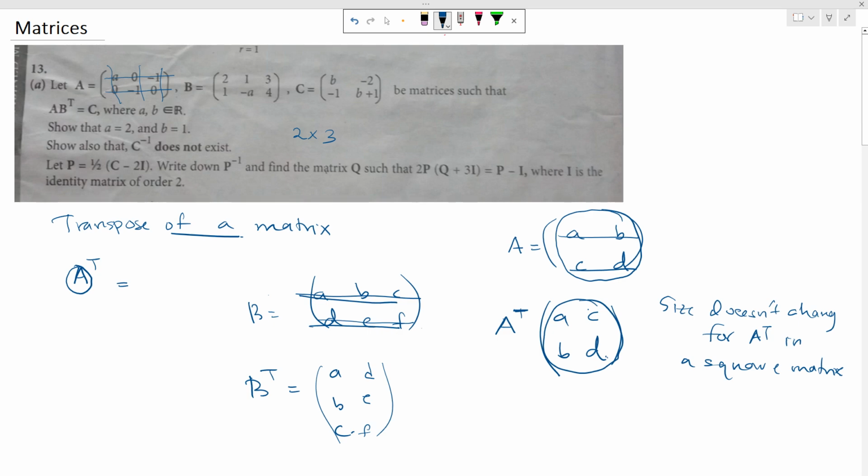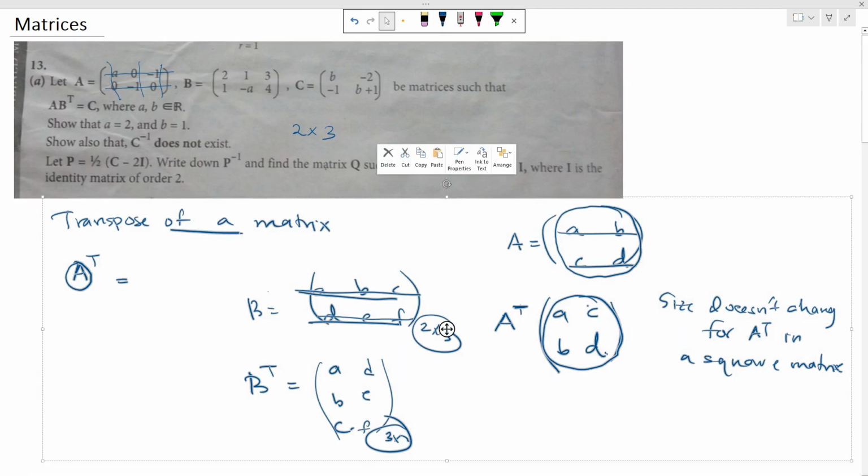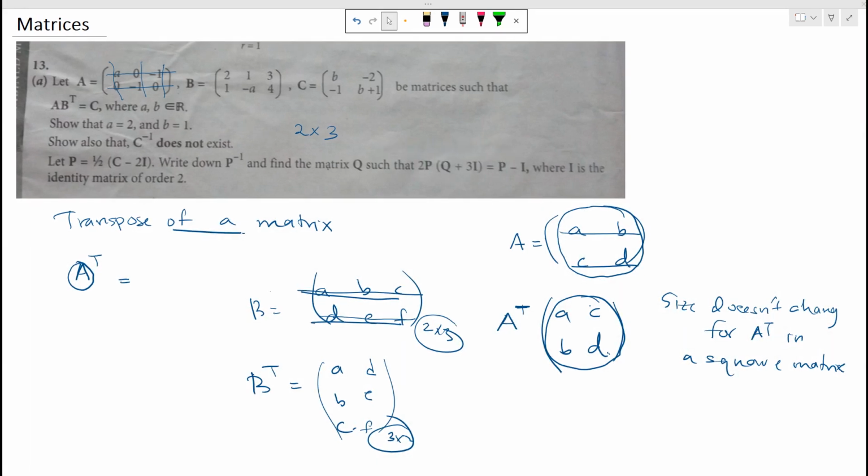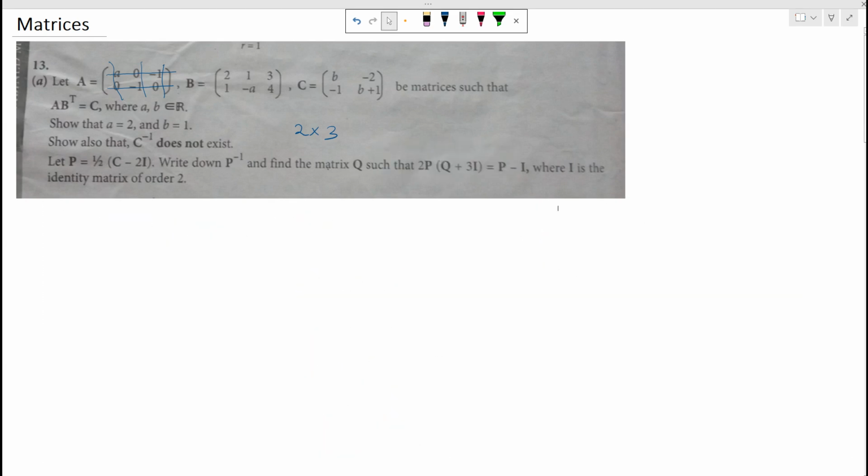Here the size is 2 by 3, but here the size is 3 by 2. It has interchanged. Okay, so with that idea, we will just continue the question.